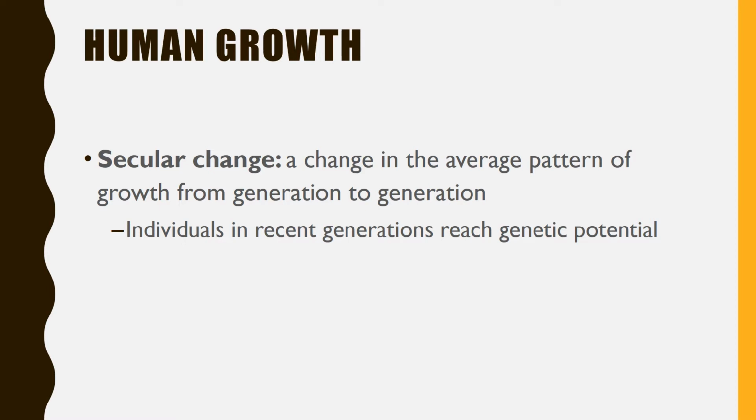This reflects different changes in environments, like improvements in nutrition, or it could also reflect times during the environment where nutrition is being depleted, like the Great Depression era. So individuals in recent generations are more likely to reach their genetic potential.